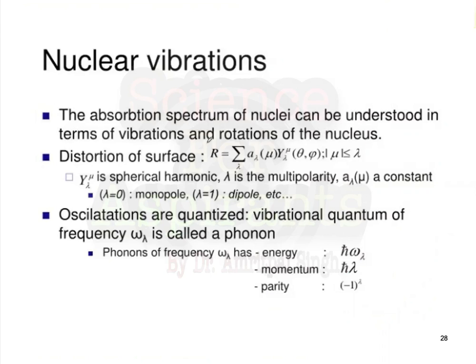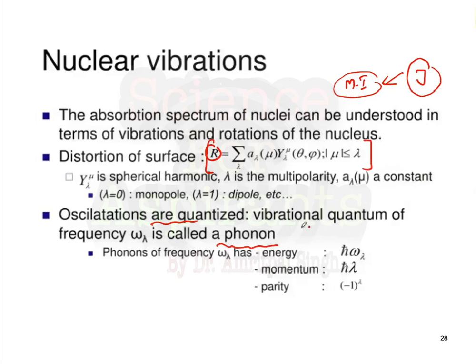So the basic idea is he found out the value of the radius, and based on this radius he found out the moment of inertia, and from this moment of inertia he found out the total angular momentum, and from that he says that these oscillations are quantized, and the vibrations are something like phonons.